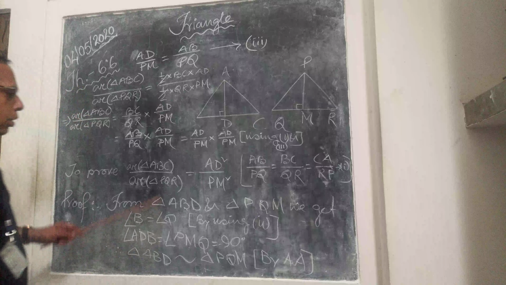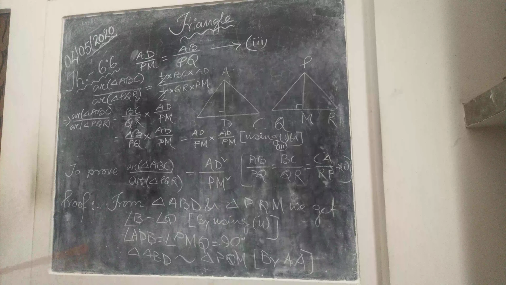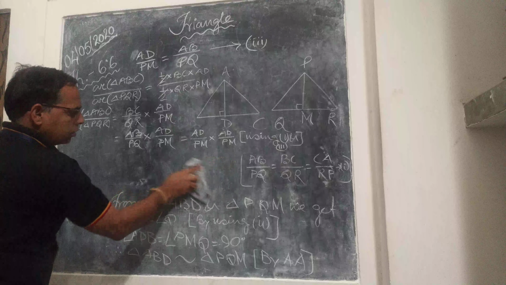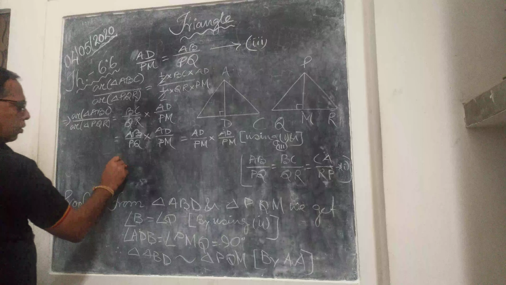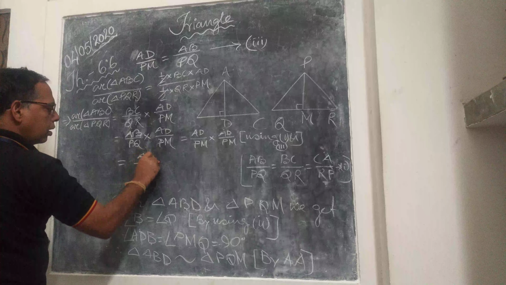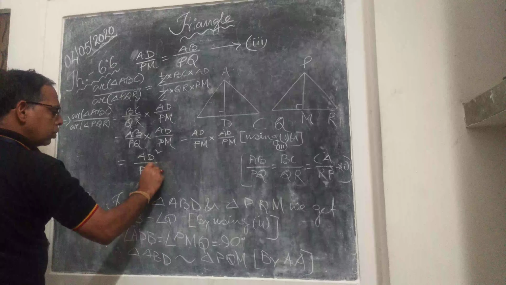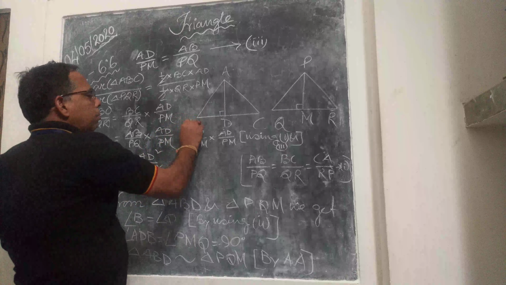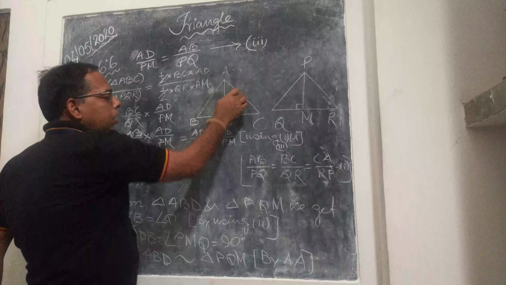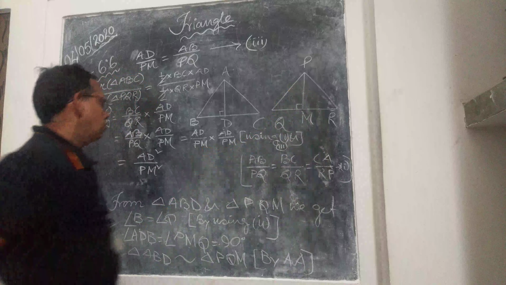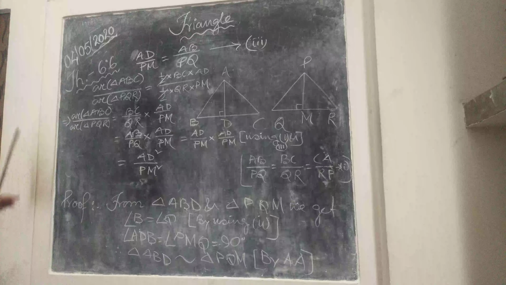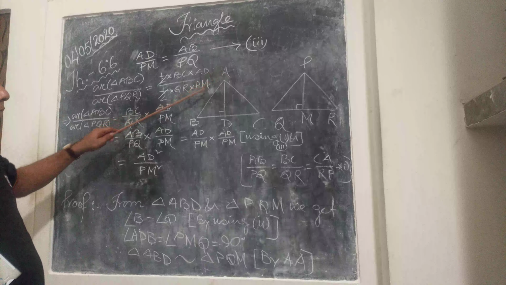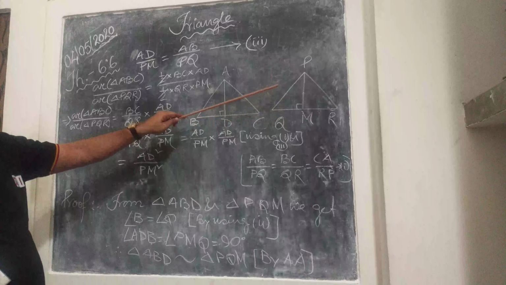Then ultimately we get what we were supposed to prove, equal to AD square by PM square. Similarly, if it is from B or C, Q or R, then also the same way you can prove. Now I will wrap up once again as a whole. First of all, let ABC and PQR be two similar triangles.